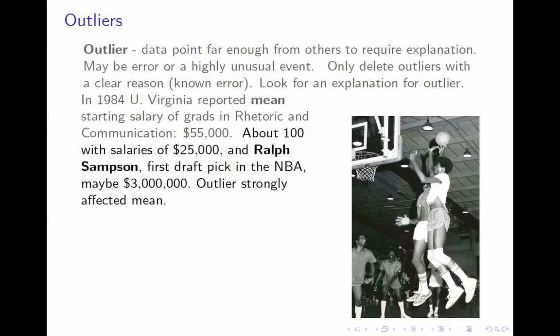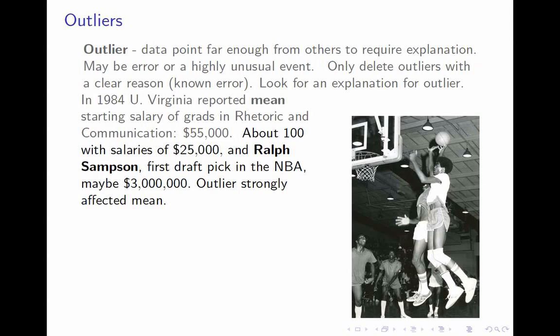If you average $3 million with 100 $25,000 figures, you get $55,000. So that average, in this case, told you nothing whatever about the typical experience of rhetoric and communication majors. It was dramatically influenced by one extreme outlier.